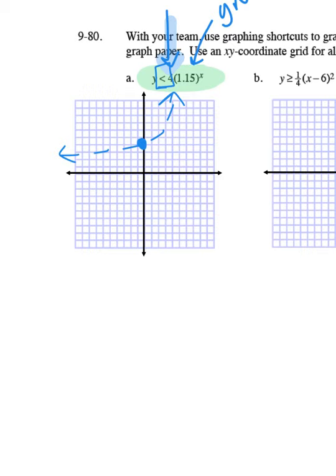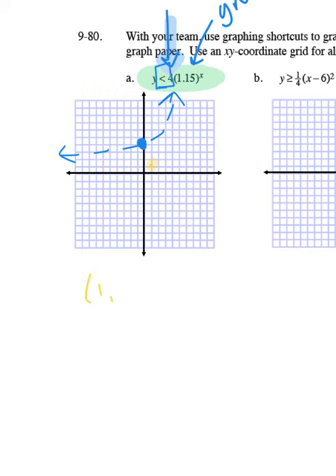And then we need to decide, should it be shaded here, kind of above or inside the exponential growth, or outside or on the bottom of the exponential growth. So we can pick a coordinate like, I always pick 0, 0. Let's pick something different. We will pick 1, 1.